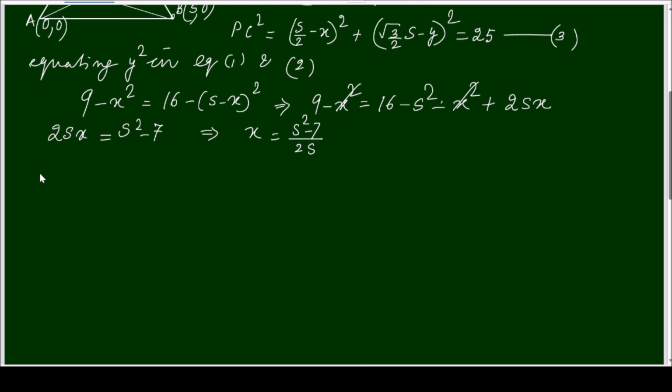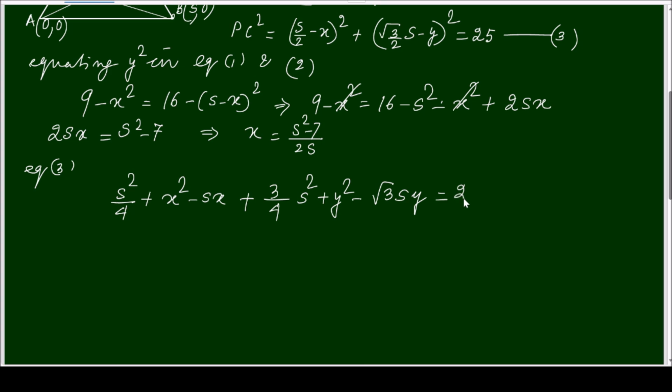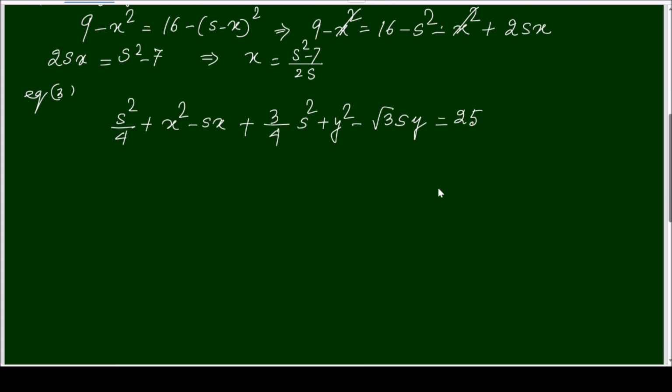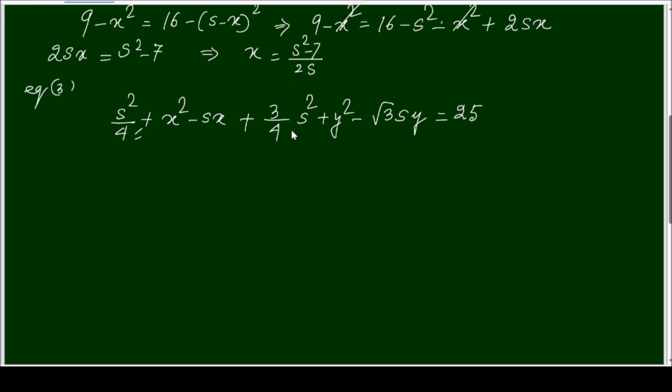Now we'll come to equation 3. From equation 3, this will be s square by 4 plus x square minus sx plus 3 by 4 s square plus y square minus root 3 sy equals 25. Now s square over 4 and 3 by 4 s square make s square, and this x square plus y square I am taking together, which is 9, and minus sx minus root 3 sy equals 25.